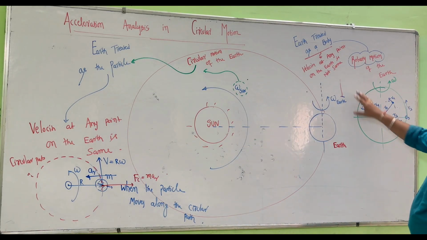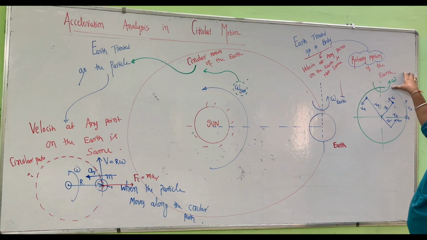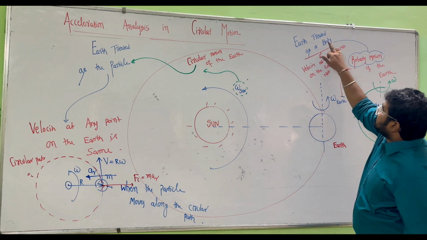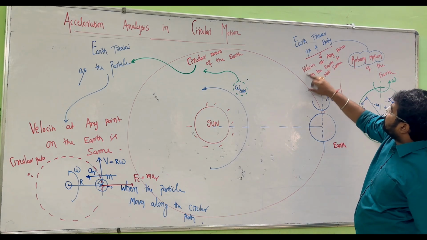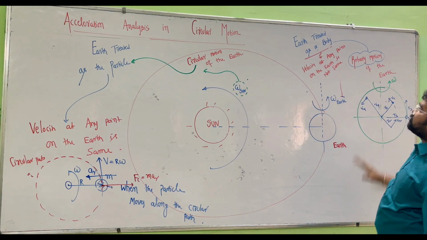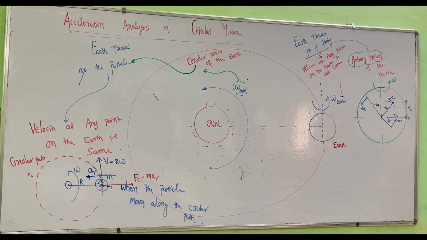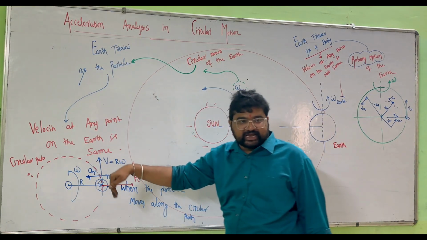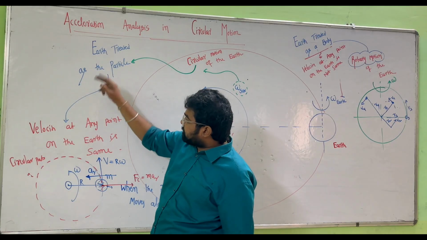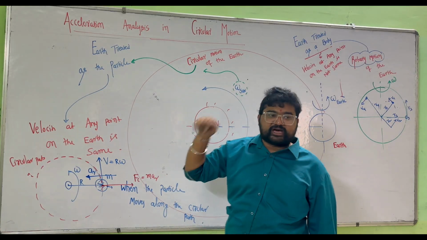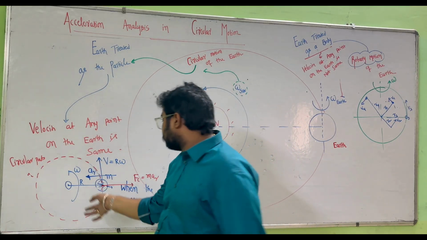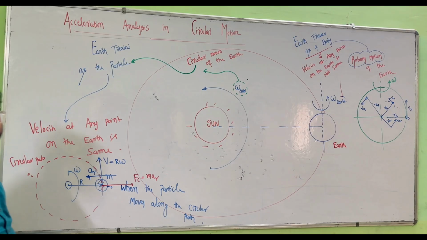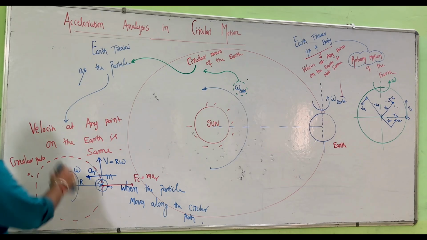In the rotary motion of the earth treated as a body, velocity at any point on the earth is not the same. If we treat it as a particle, velocity at any point on the earth is the same. Circular motion means the particle moves along the circular path. Completed.